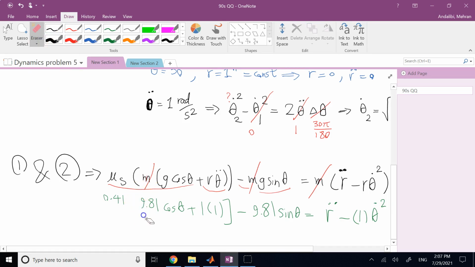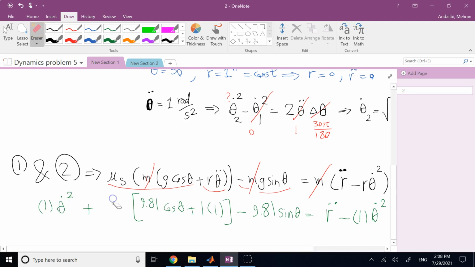Now, if we look at these numbers, as long as theta is up to 30 degrees, we can even take this r theta dot squared to the left hand side. So say this is plus r theta dot squared, right?